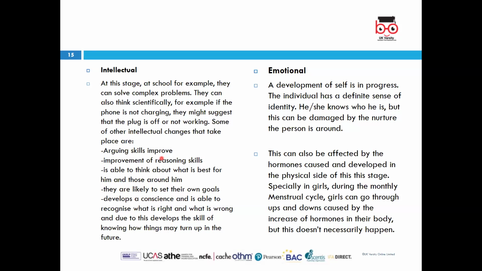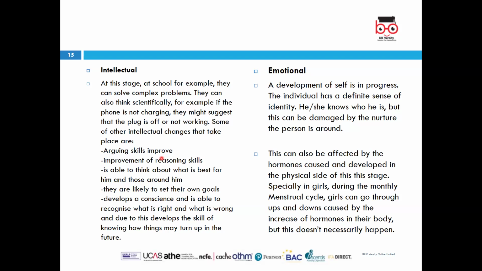Some other intellectual changes may be improvement of arguing and reasoning skills. They're able to think about what is best for them and those around them. They're likely to set their own goals. They develop a conscience and they're able to recognize what is right and wrong for most of them. And this is because they see things around them. This is how they develop these intellectual and emotional aspects of growth.